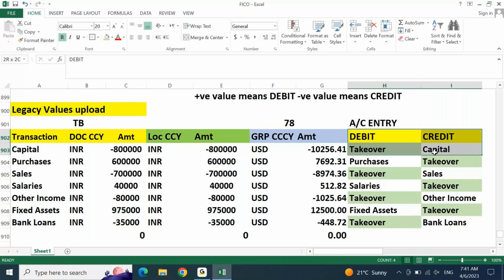For takeover account, debit. Now, can we write an accounting entry without debit credit? No. Can I update any account balance without writing a debit credit accounting entry? No, sir.